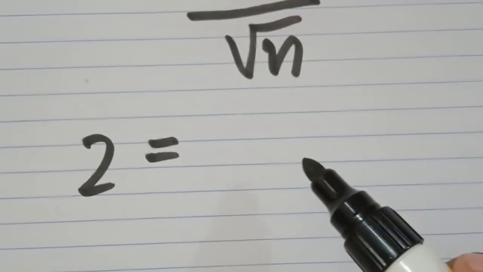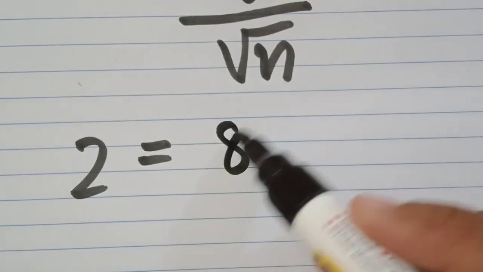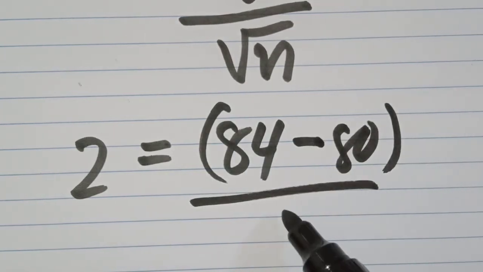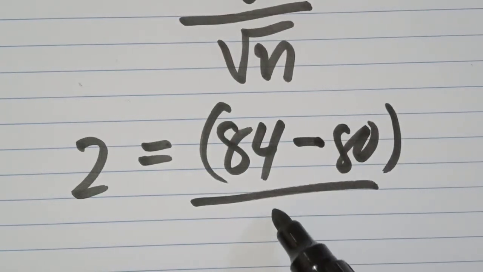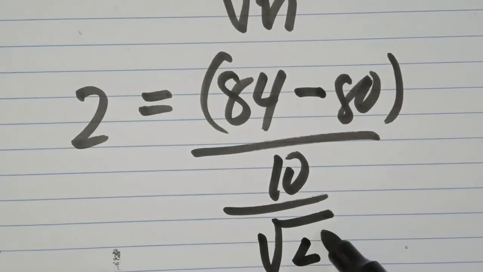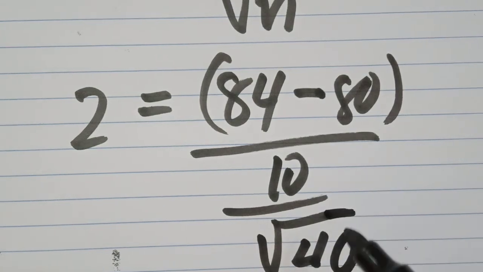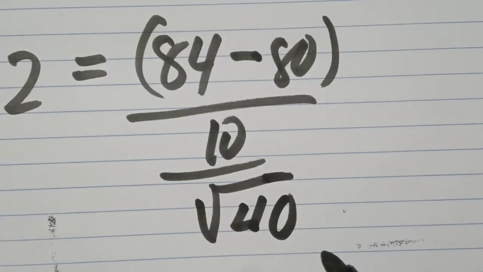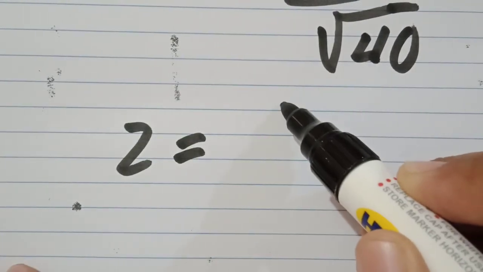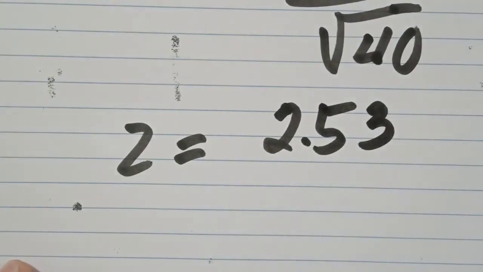Ang z natin, pag sinubstitute natin, 84 minus 80 over 10 divided by square root of 40. Okay? So, ang makukuha mong sagot, ang z natin sa calculator lalabas ay 2.53.